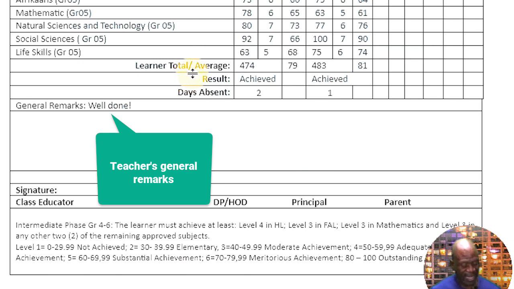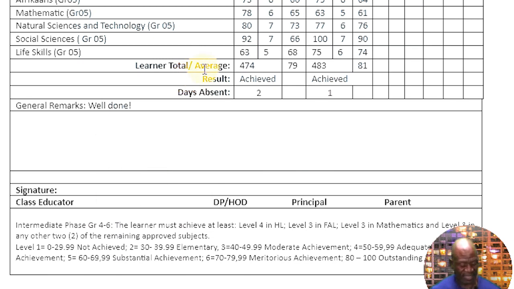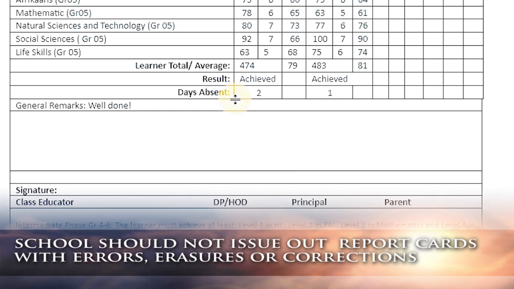All right, then I need to also indicate that it is expected that schools should not issue out report cards that have errors or erasures. Okay, it is not acceptable by policy that a report card should have an eraser or corrections that have been made on it, because that is an official document.